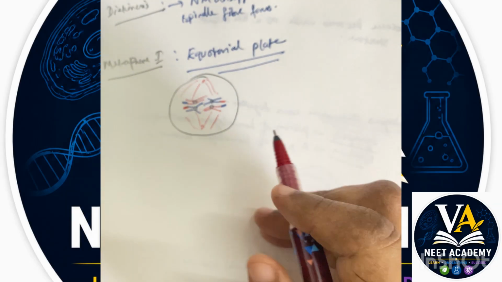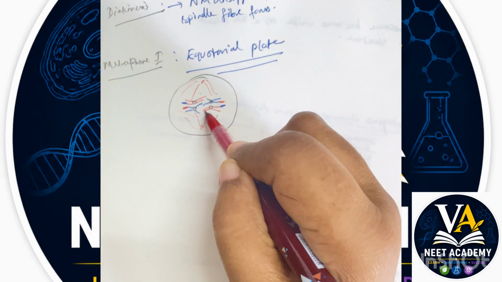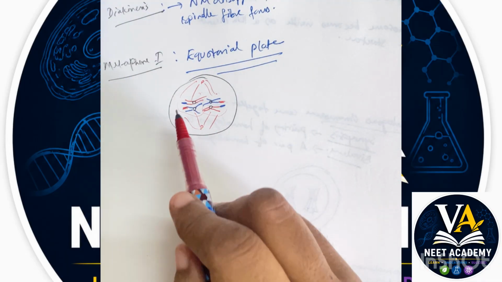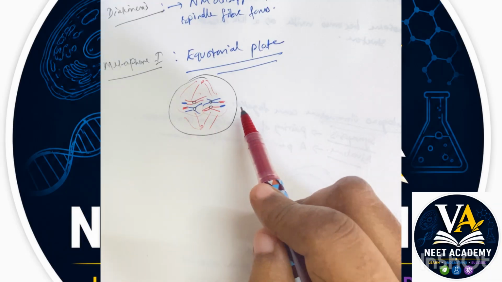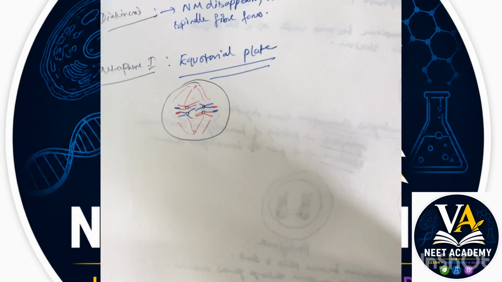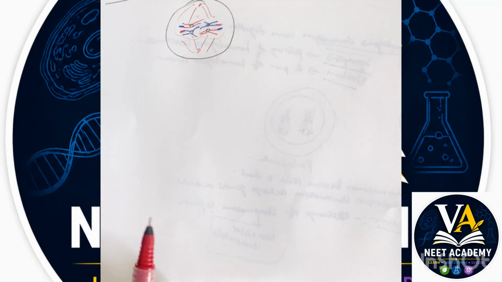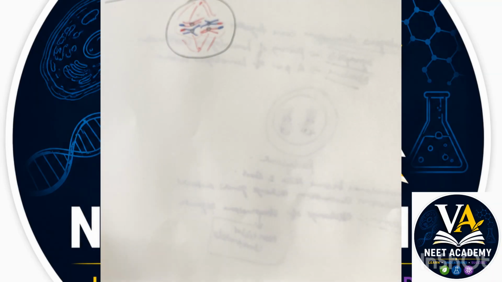So this is one pair of homologous chromosomes, and this is another pair of homologous chromosomes. They align at the equator. So this is metaphase I. The next stage is anaphase I.